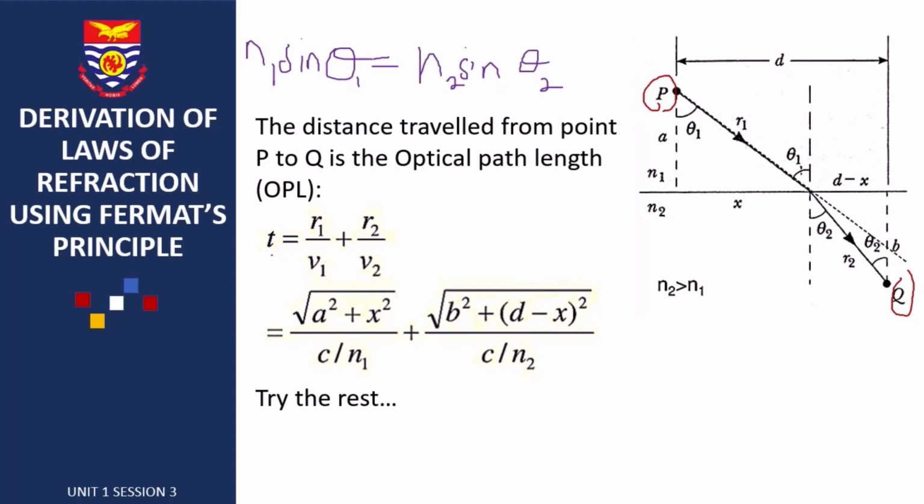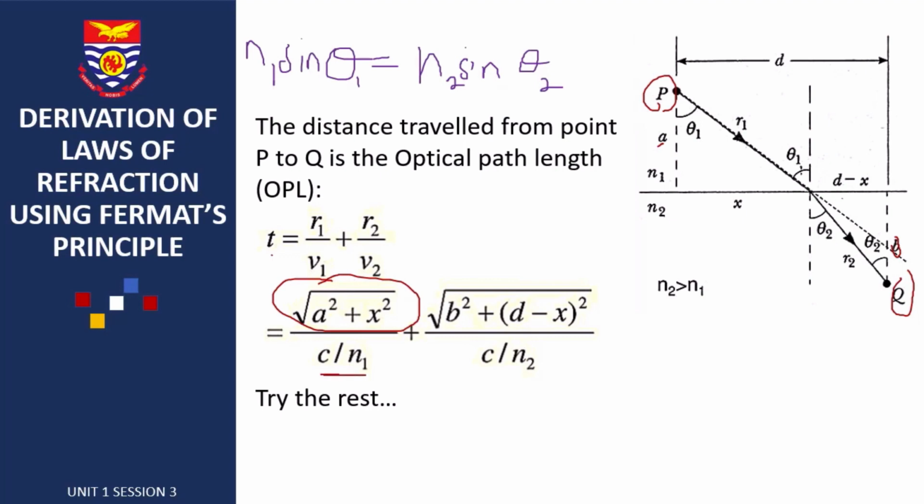Let's go to our basic Pythagoras theorem again, where we have R1 to be equal to the square root of a squared and x squared, which is going to give us this. The same thing applies here for the R2, where we have our square root of b squared here, this b, and d minus x squared.